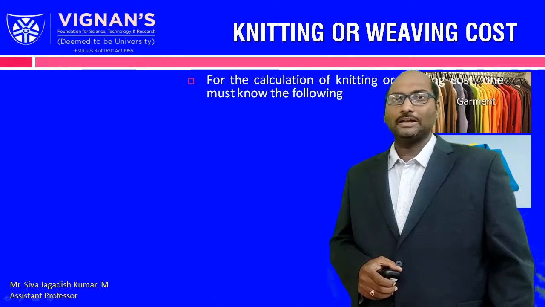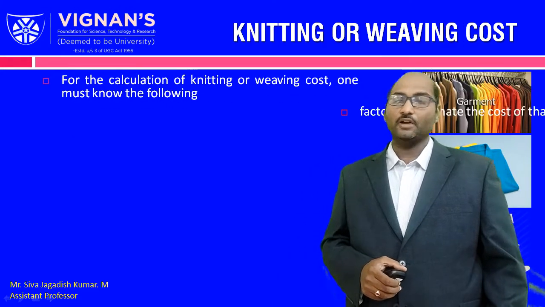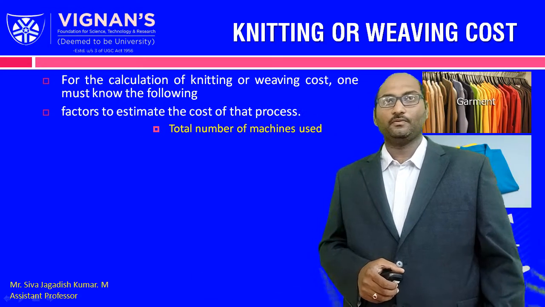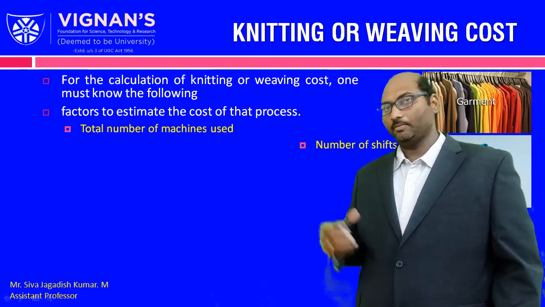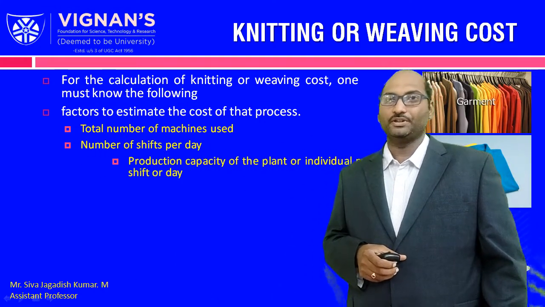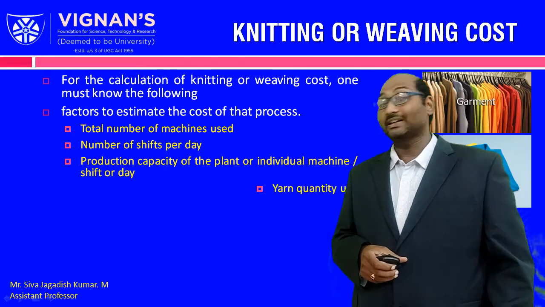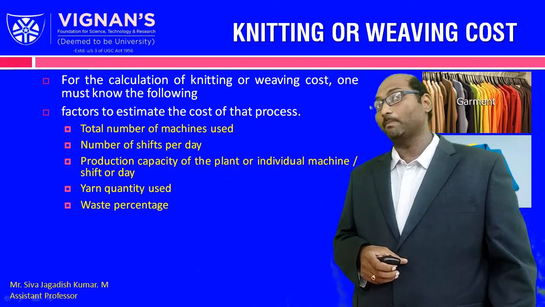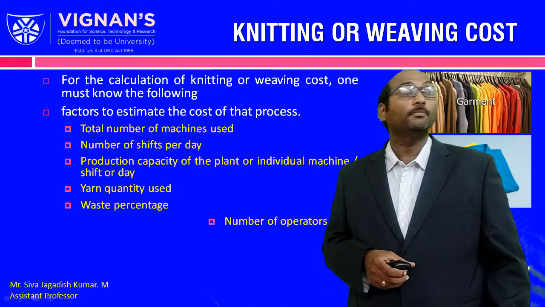In order to consider the knitting or weaving cost, the calculation must be done with the following factors. How many machines are being used? What is the number of shifts per day? What is the production capacity of the plant or individual machines?